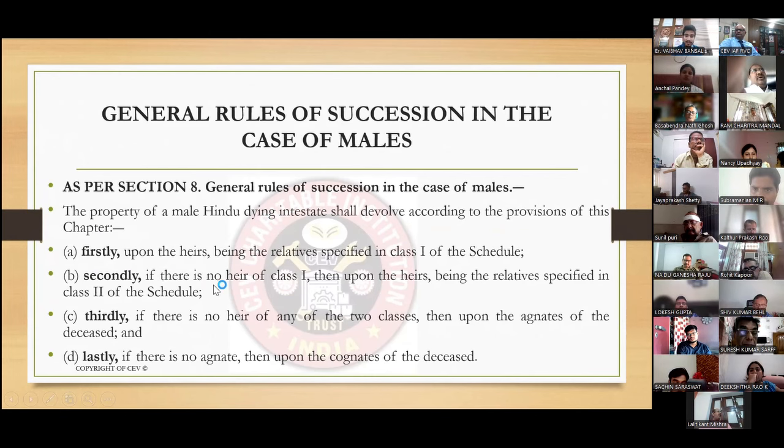Secondly, if there is no heir of class 1, then upon the heirs being the relatives specified in class 2 of the schedule. Thirdly, if there is no heir of any of the two classes, then upon the agnates of the deceased. And lastly, if there is no agnate, then upon the cognates of the deceased.